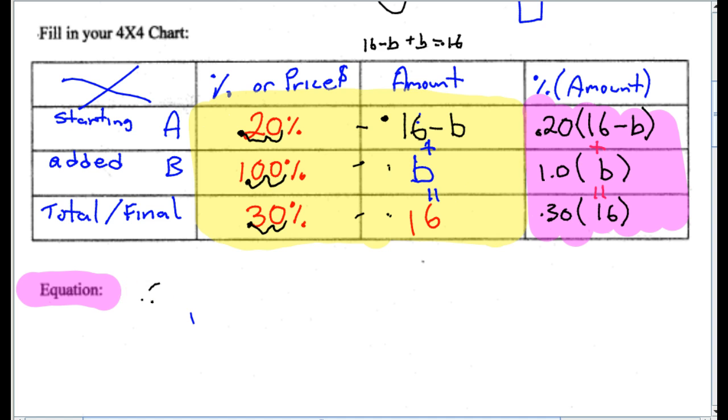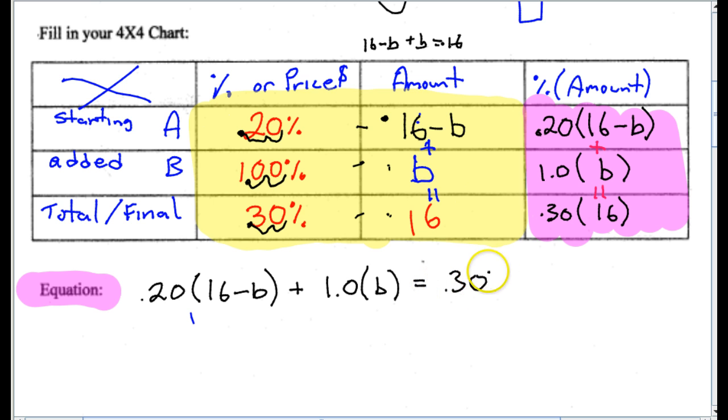We have 0.20 times (16 minus b), plus 1.0 b, equals 0.30 times 16. And then that's what we're going to say.